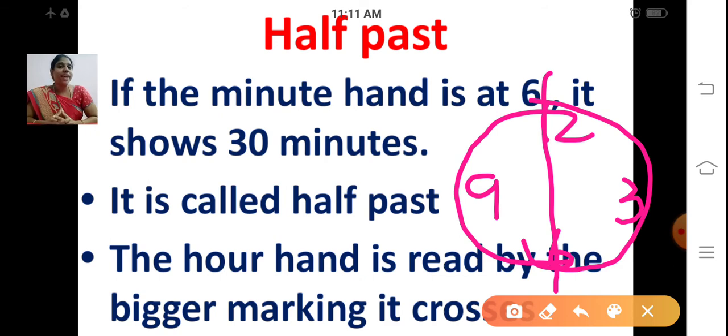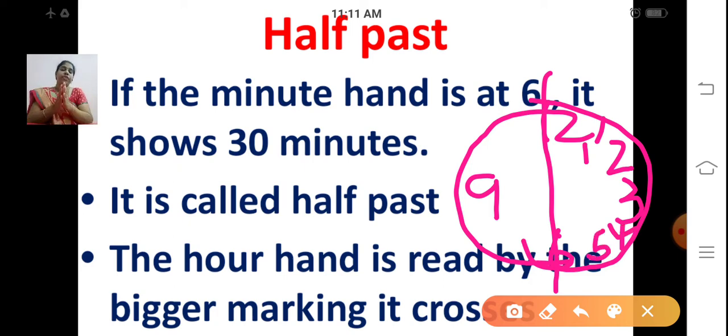If the minute hand is at 6, that means the bigger, longer hand is at 6, it shows 30 minutes. How can you calculate? 1, 2, 3, 4, 5, right?